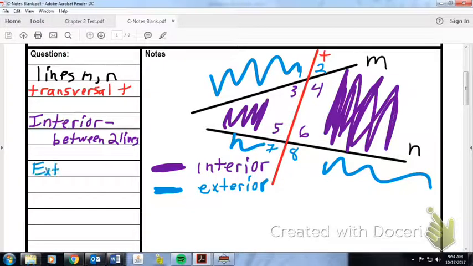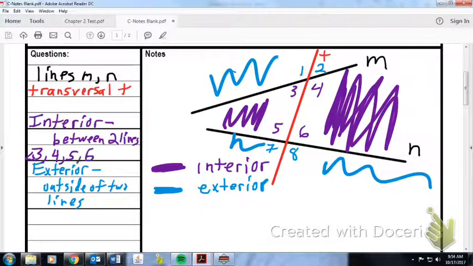That's between 2 lines. The exterior is outside of 2 lines. So angle 3, angle 4, angle 5, and angle 6 are all interior angles. Angles 1, 2, 7, 8 are all exterior angles.